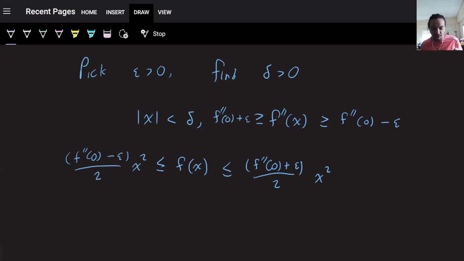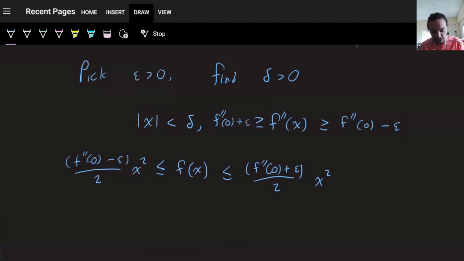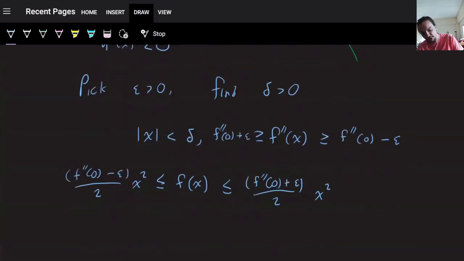Taylor's theorem says that f of x is equal to f of 0 plus, oh my god, I'm using f here. I should be using h. Okay, so that's h.